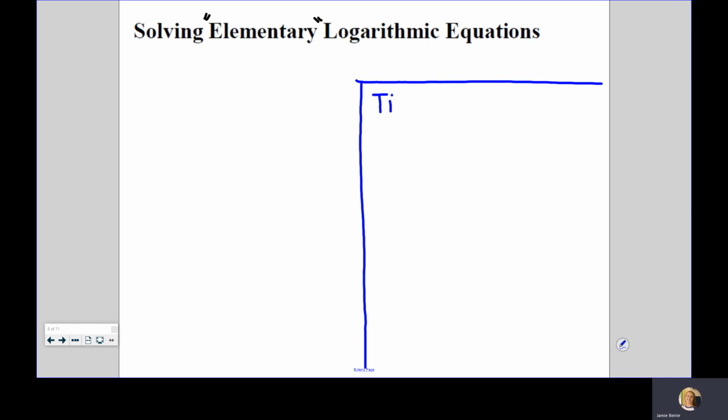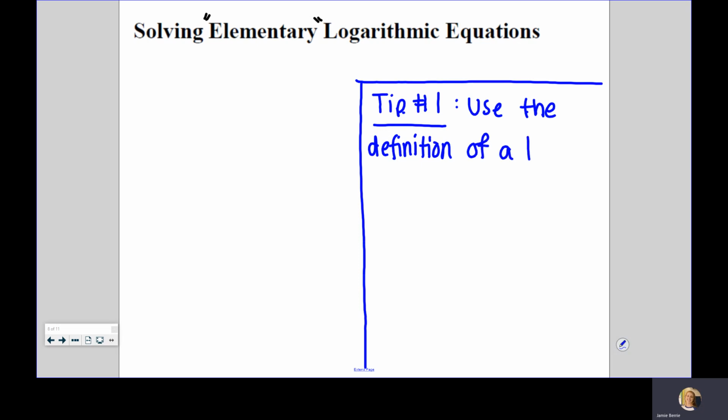All right, so here are my tips for solving logarithmic equations. Tip number 1 is to use the definition of a logarithm whenever possible.